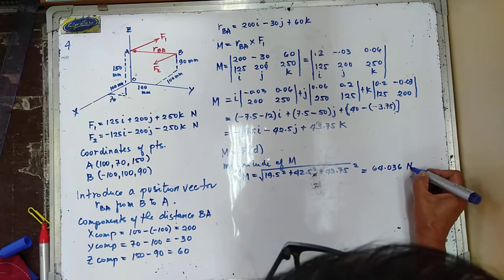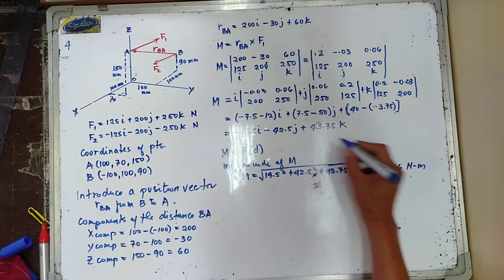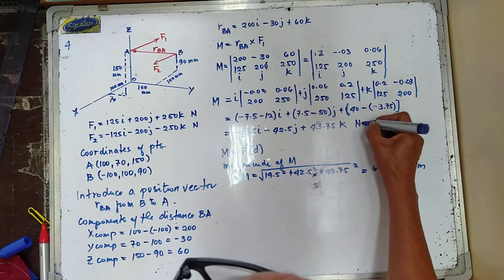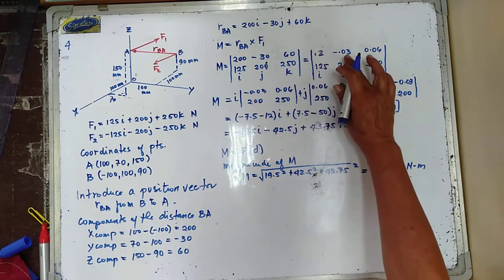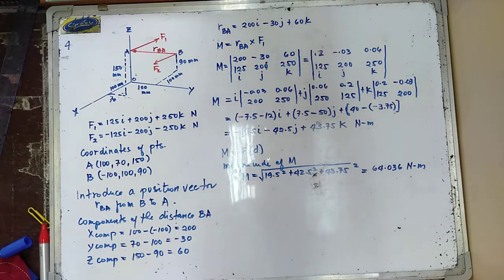64.036. That is Newton meter, because we use 0.2, 0.03, and 0.06 meter.